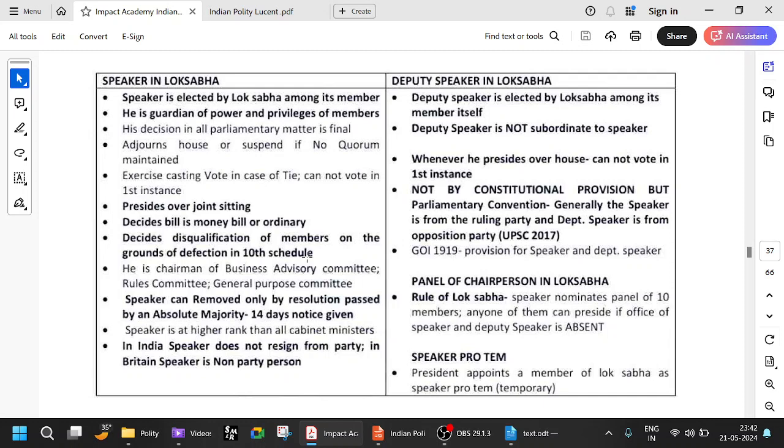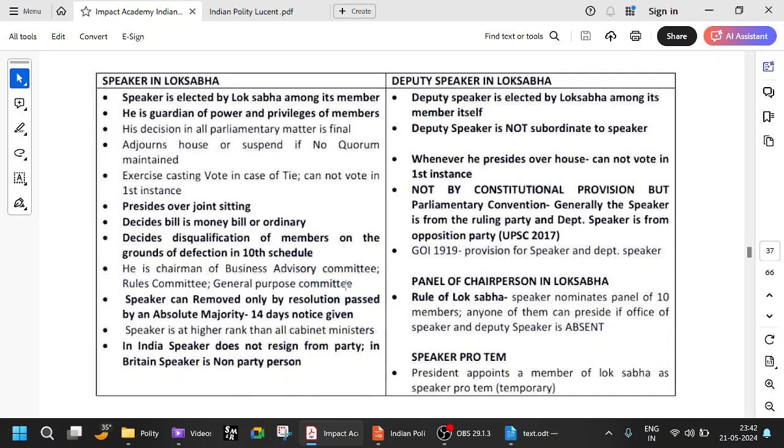The speaker is also from the ruling party. So in most cases this anti-defection law is not applied regularly, because the speaker is also from the ruling party, and in most cases of defection, the members change from the lost party or opposition party, or the party which is not in power, to the ruling party. So that is why it is not applied so regularly.